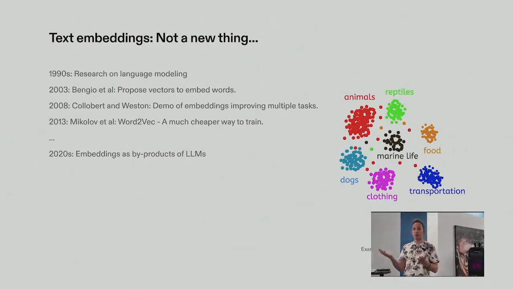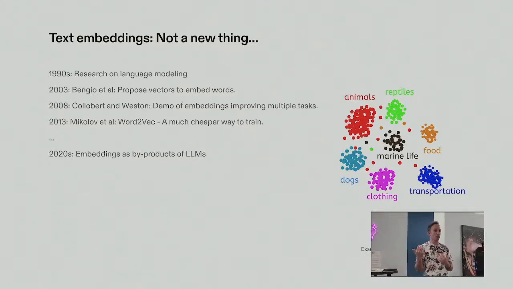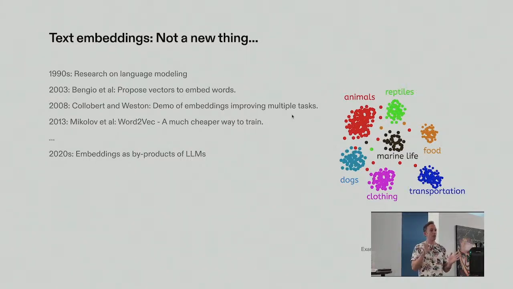They proposed this method, but it was so expensive to run that model, to actually train it, that it was not possible to do it at that time. In 2008, a few years later, there was the first paper that showed an example of using embeddings to solve multiple different tasks, like I was talking about earlier, like classification, words, stuff like that.